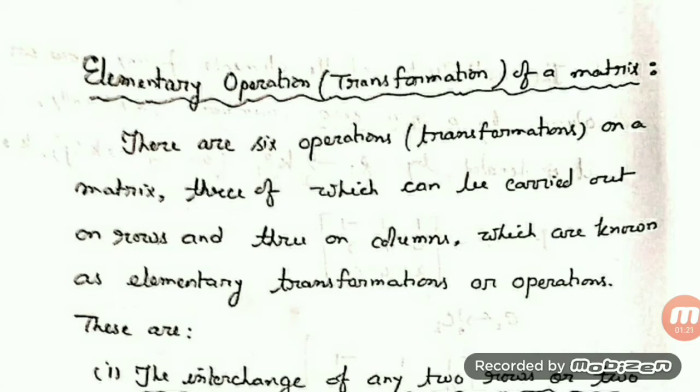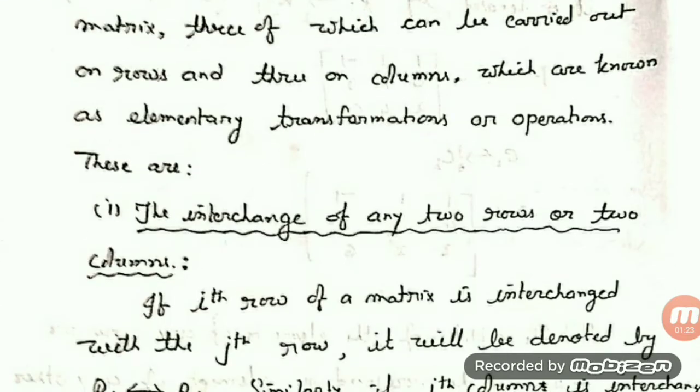The first is the interchange of any 2 rows or columns. Here actually we have discussed 2: the interchange of any 2 rows, that is the row transformation, and the interchange of any 2 columns, that is the column transformation.